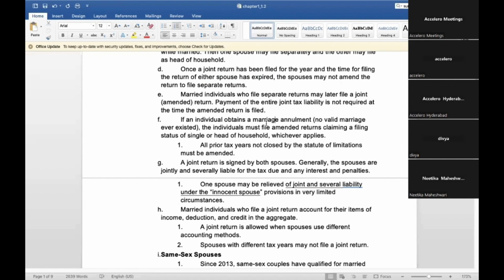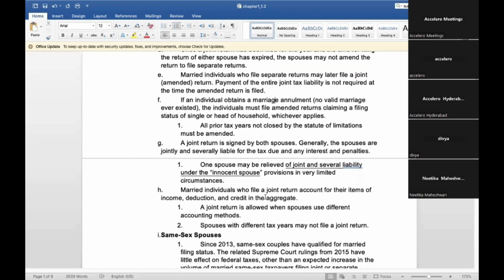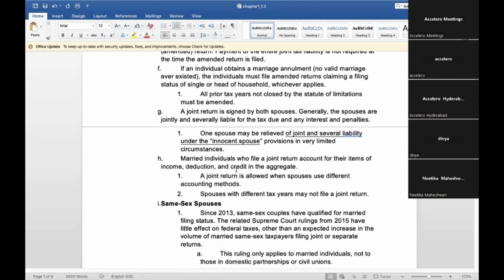In that case, it would be considered a marriage annulment, and they'll have to go back, amend all the returns, and use the right status, either single or head of household. There are certain conditions here. One can go through that.